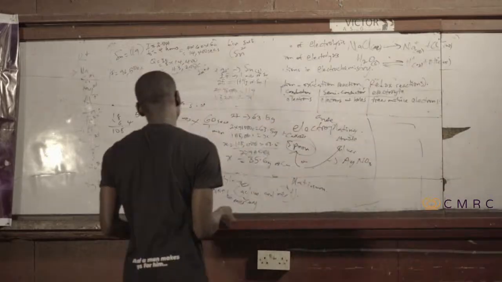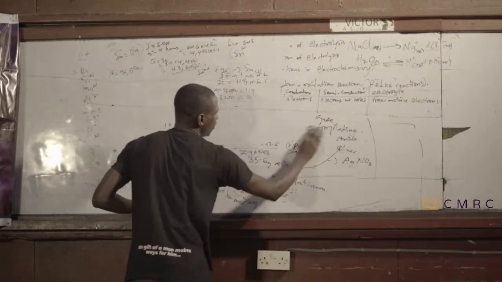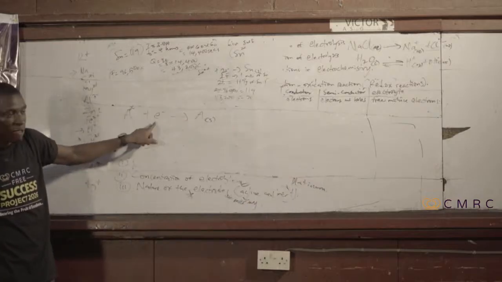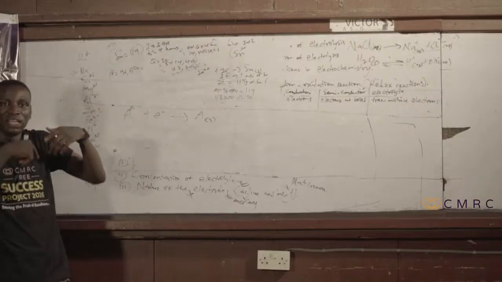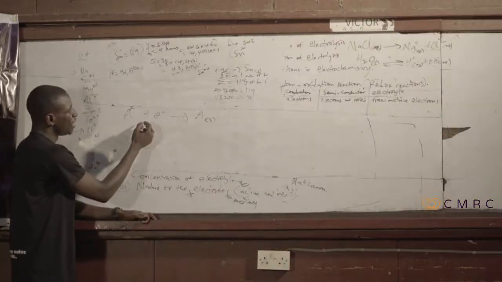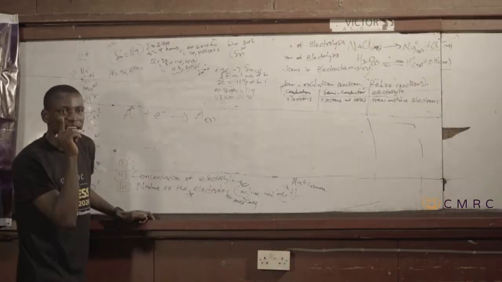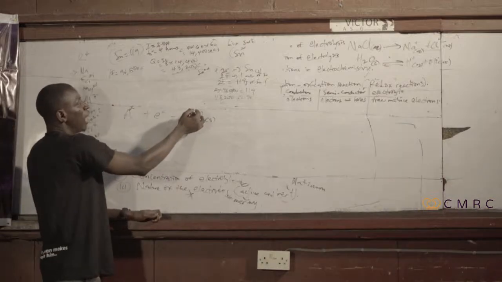Now, they might ask you a complicated kind of question, like 3 Faradays, but you might be asked to calculate it. So how do you do it? 1 Faraday is needed to deposit 1 mole of a substance. If X is the coefficient in front of the electron, then X Faradays will be needed to deposit 1 mole of this substance.